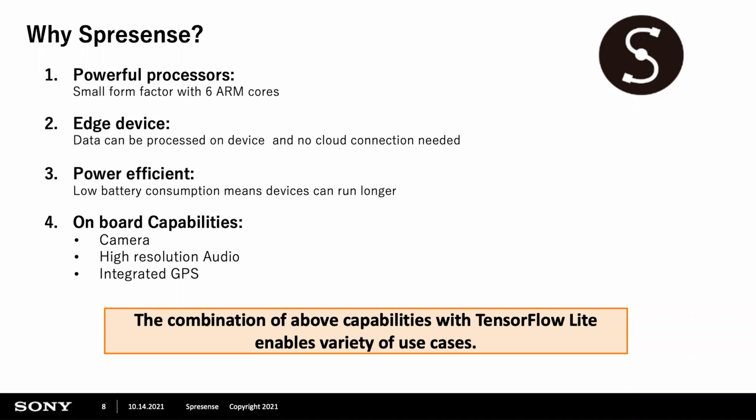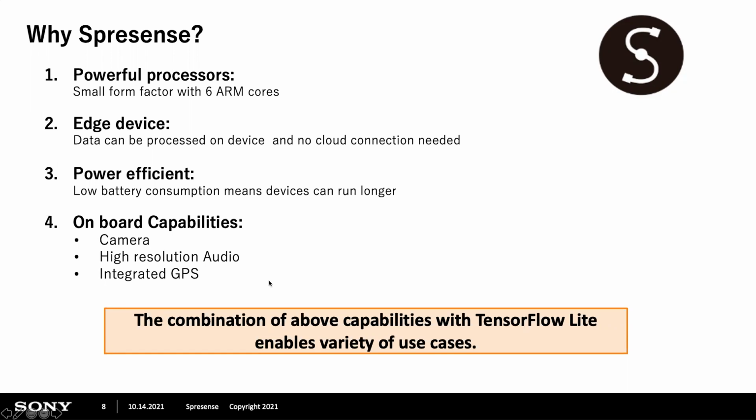Again, if you have a device that you don't need to plug into the wall all the time, then you can leave it. It doesn't need human interaction, and then you can target some applications that are in the middle of a forest or on a farm. And also, if we look at the board capabilities, there is the camera, then high resolution audio, and then integrated GPS.